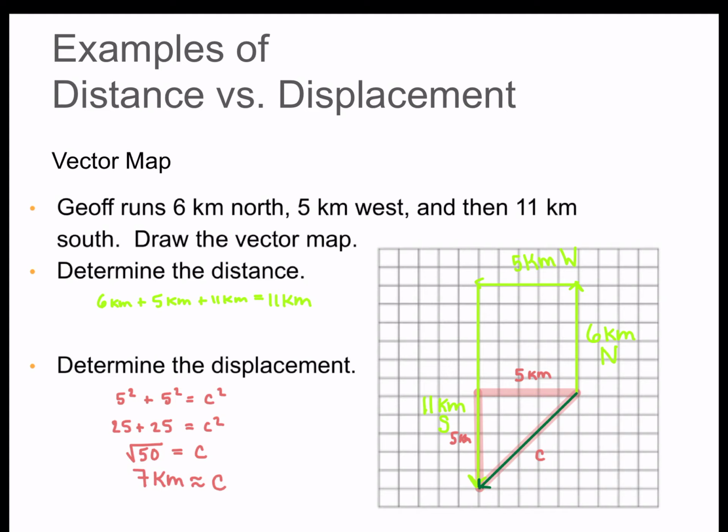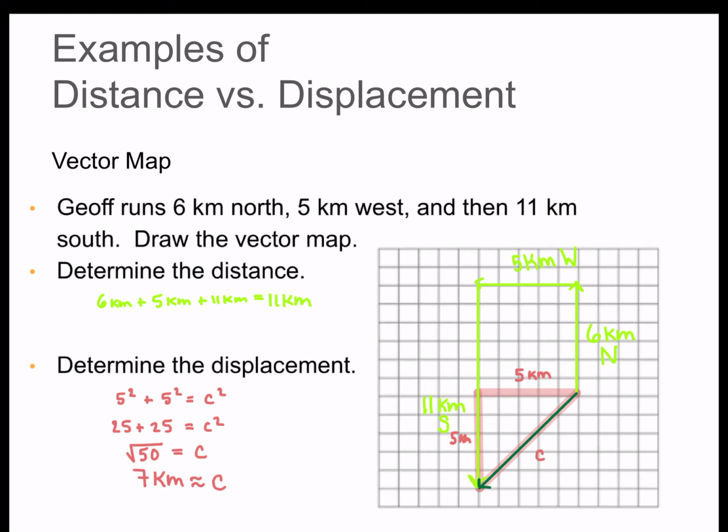We also did distance and displacement calculations with vector mapping. So in the green, you see the vectors drawn out that show where Jeff ran. To determine the total distance, we just added those 3 vectors together.